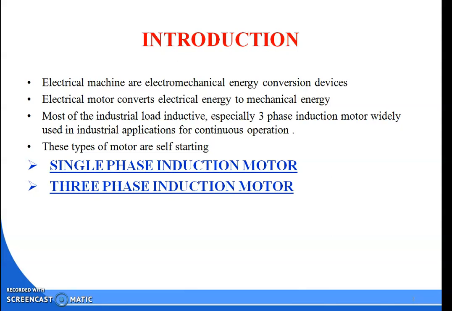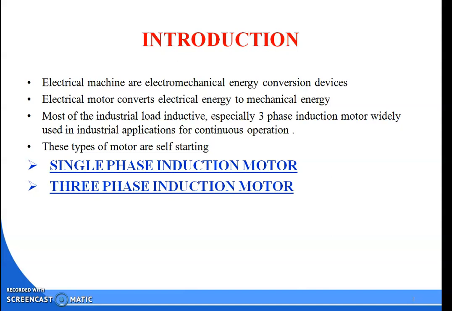Let me give you a few examples of energy conversion devices. Those are motors and generators. In the case of motors, what is the output? Mechanical energy, and it receives electrical energy. So, electrical motors convert electrical energy to mechanical energy.